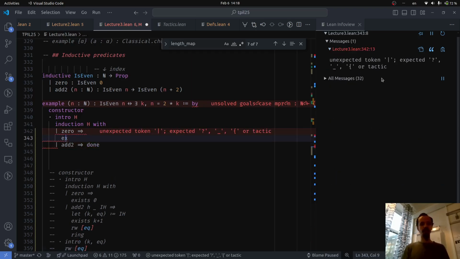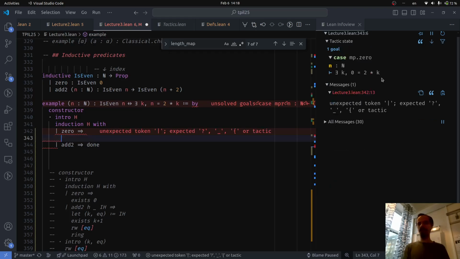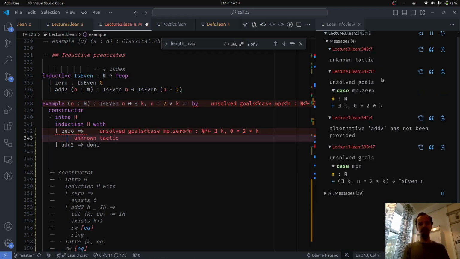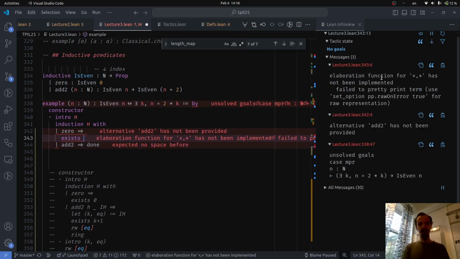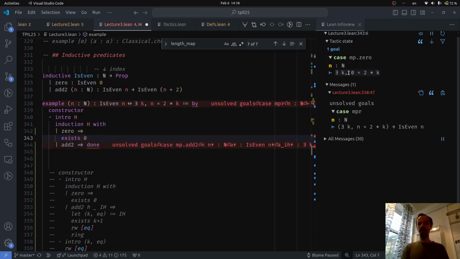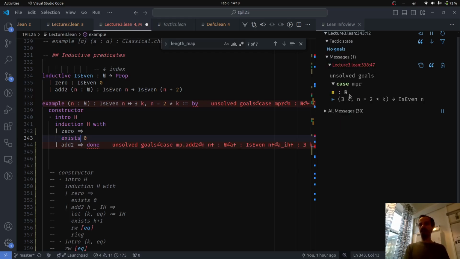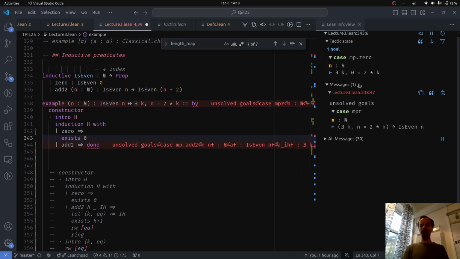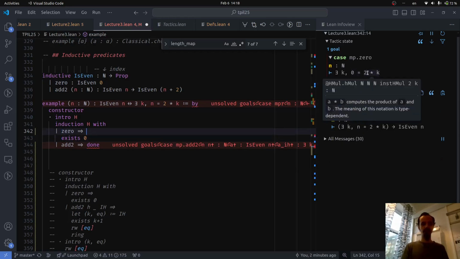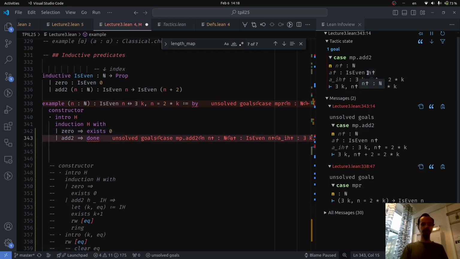So we can use the exists tactic, which I mentioned very briefly, where you can give it the thing you want to inhabit the exists with. In this case, I want to inhabit it with half of this number, which is also 0. So I use 0, and that actually closes the goal, because the second part is just 0 equals 2 times 0, which is true by definition. So that's the base case.